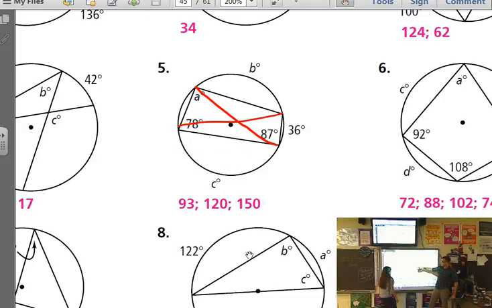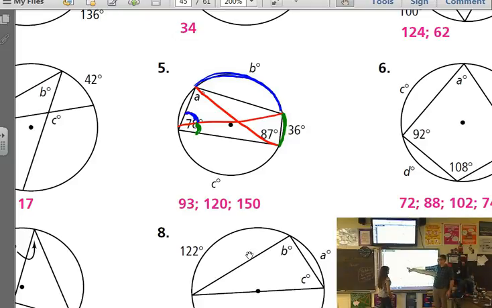So what Michelle's saying is when she drew this red line, this green angle relates to this arc, right? Am I interpreting what you're saying correctly? So then this angle relates to this arc. So I can solve B by breaking up my green and my blue right here.